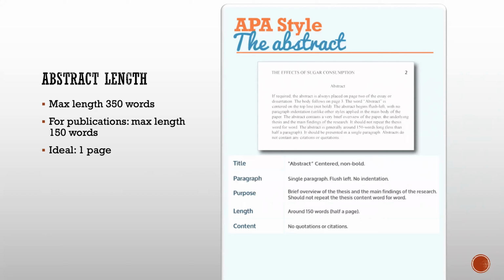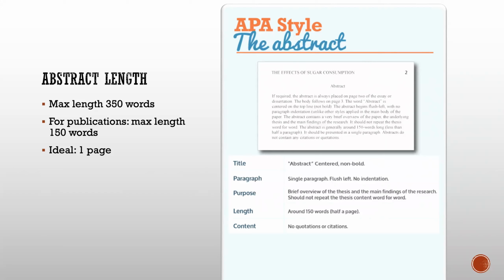Now, let's take a look at the second bullet on this slide. For publications, if you review the publication guidelines for authors on any journal, you may find that they have differing requirements for your abstract. You may be able to use only up to 150 words. Something to consider as you move beyond your dissertation.